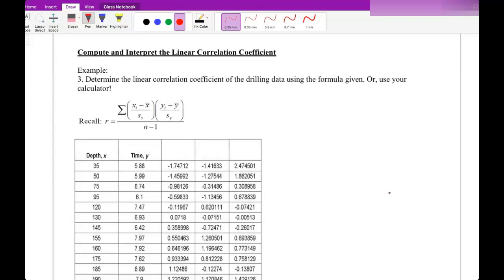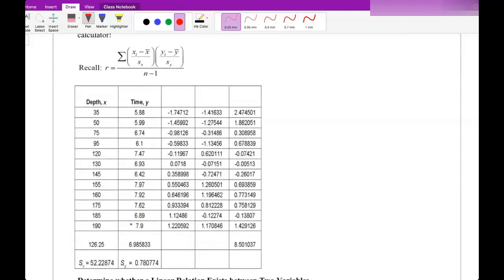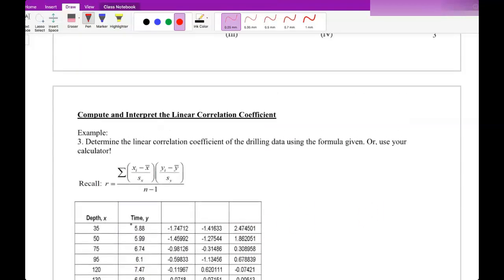Now, example number 3. Determine the linear correlation coefficient of the drilling data using the formula given. These points are exactly what we had on the first page.